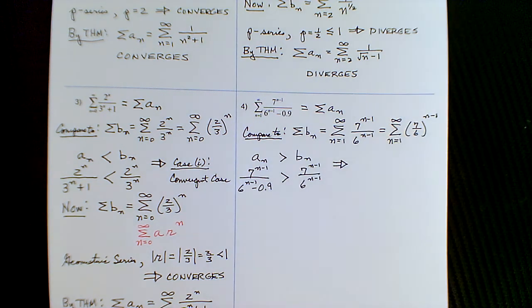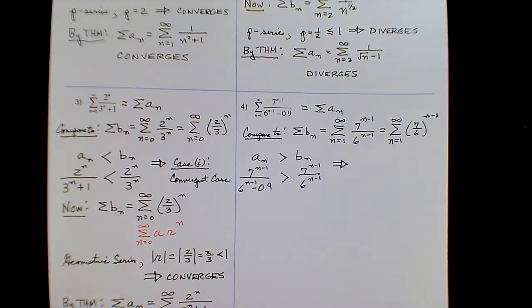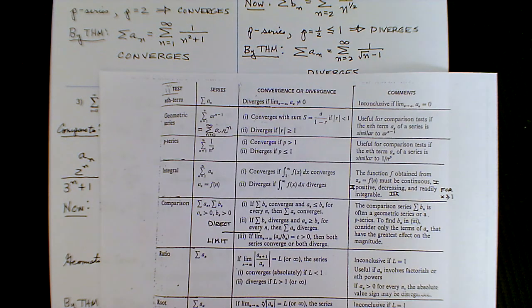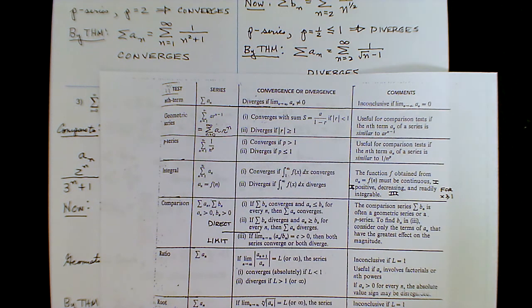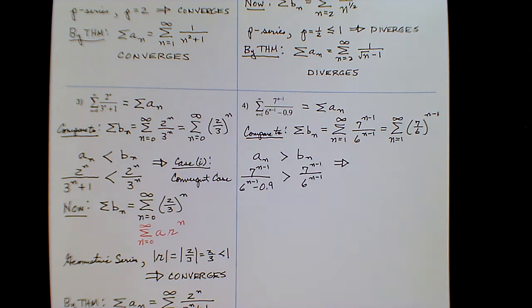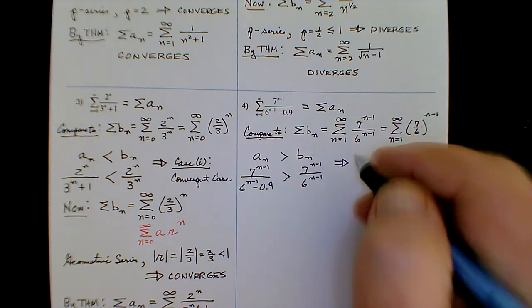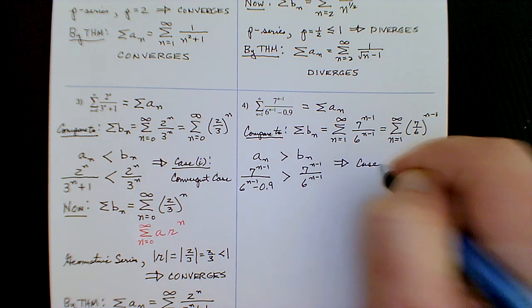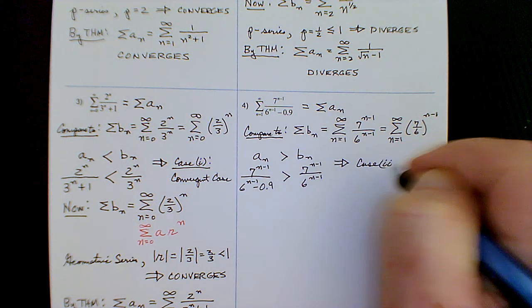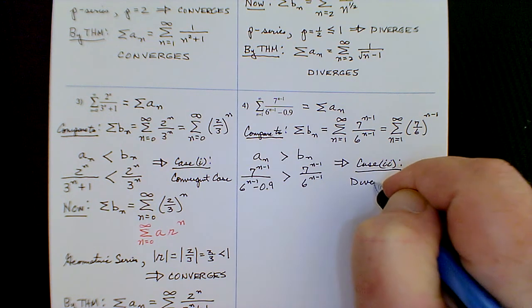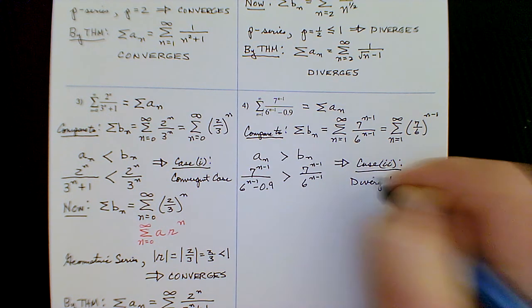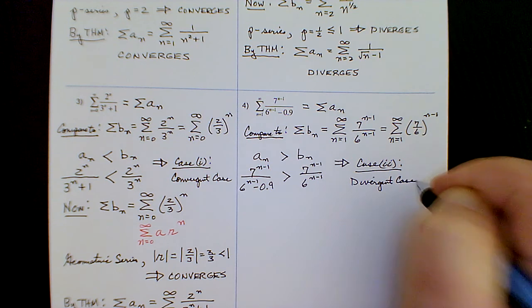Okay, so then at that point, you go to your table once again, look under the direct comparison cluster, a sub n is greater than b sub n, that's case II. And once again, we'll go so far as to say that that's the divergent case.